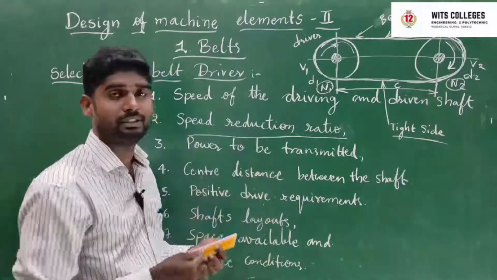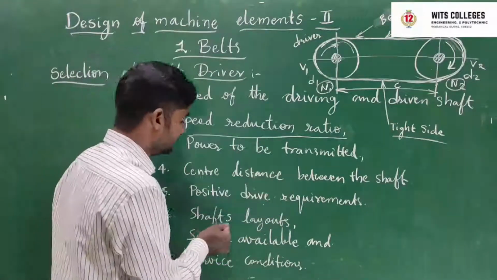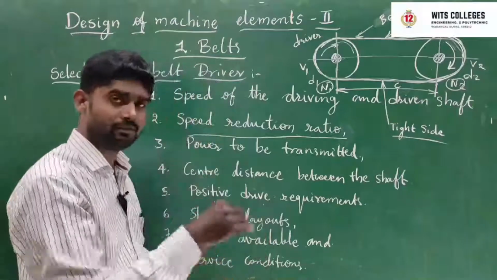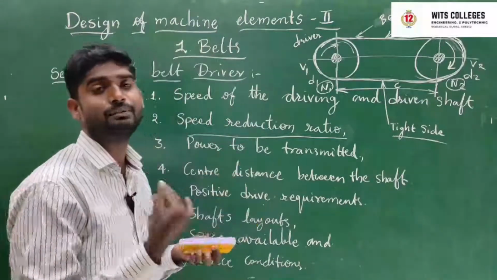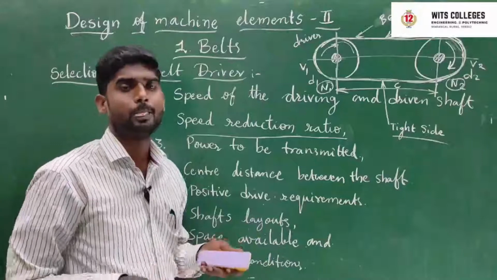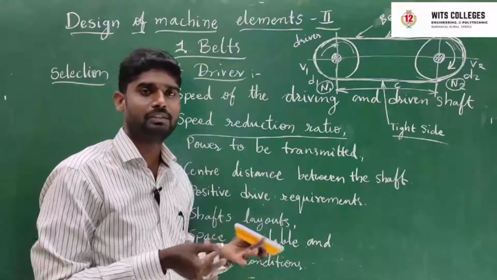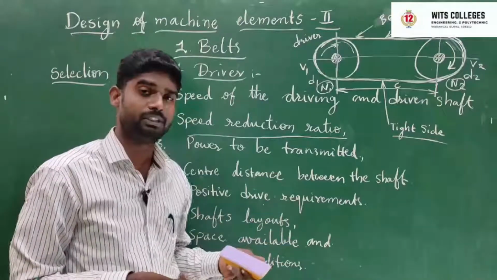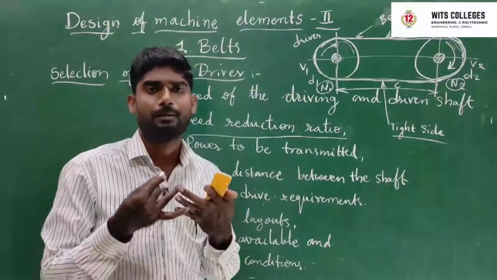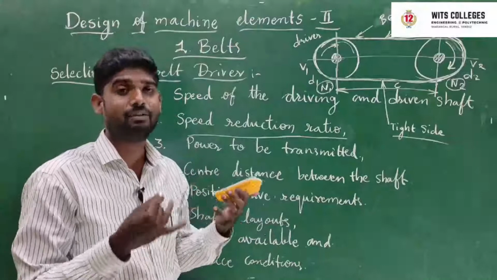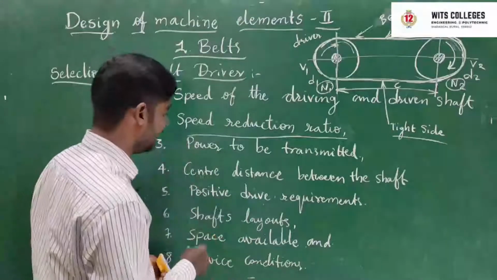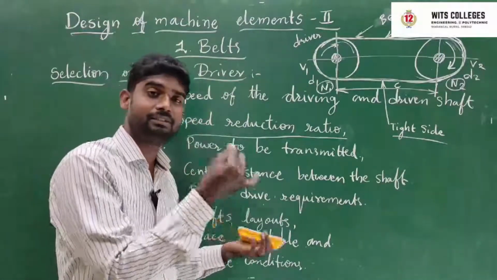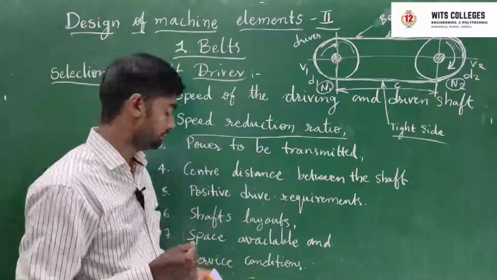What are shaft layouts? The types of shafts are different. V-type belts, flat belts and ropes are some of the important types of belts depending upon the layout of the shafts.